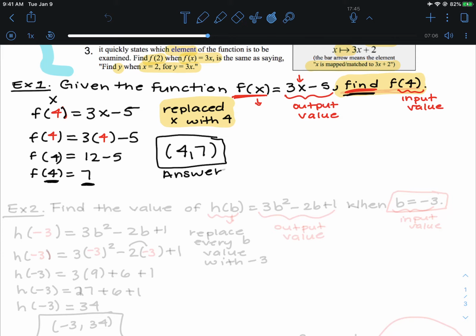Now you can also do this not only for numbers, you can replace it with variables as well. So let's go ahead and do example number 2.